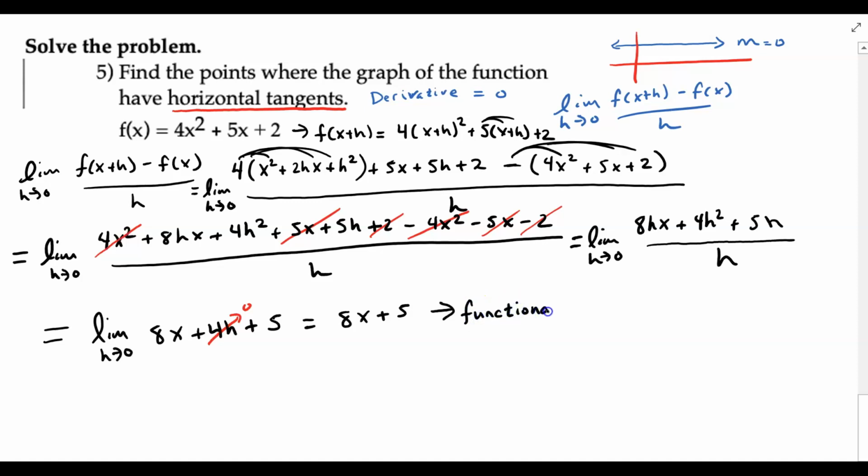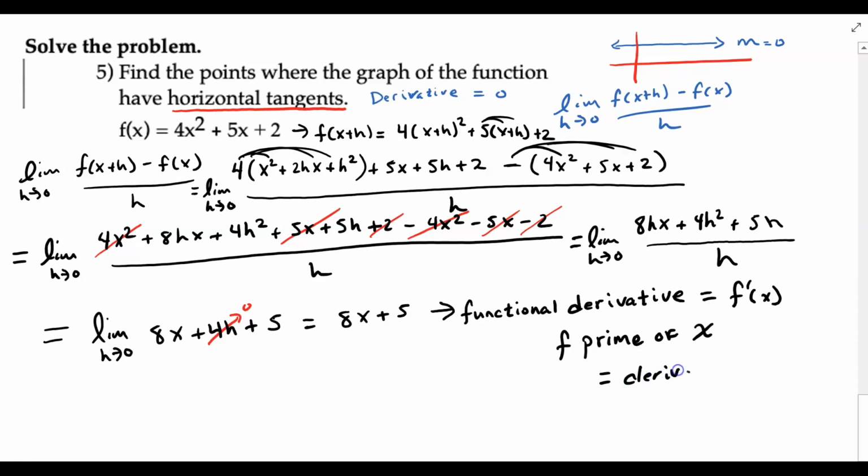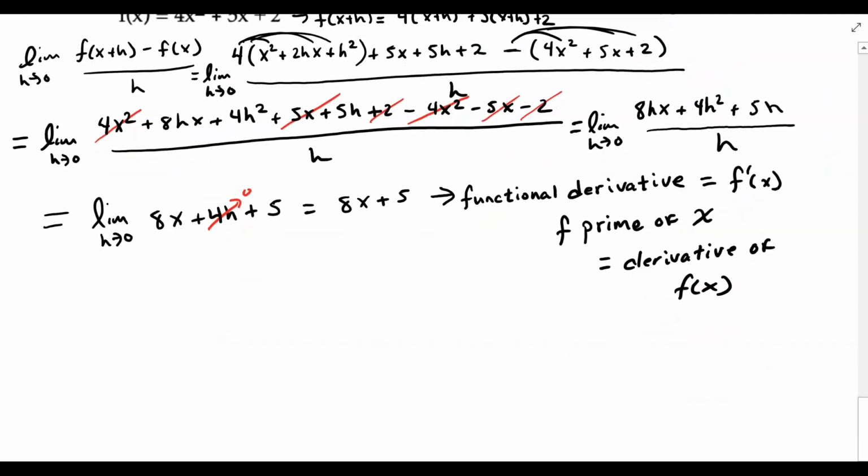We denote the derivative with f prime of x, and we read it as f prime of x. What does that mean? The derivative of f of x.